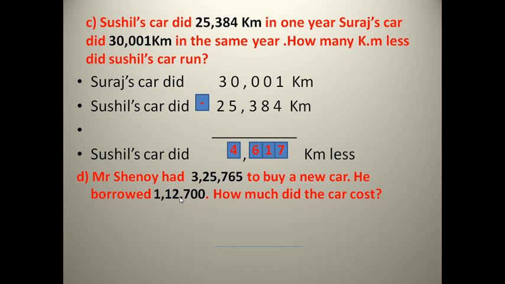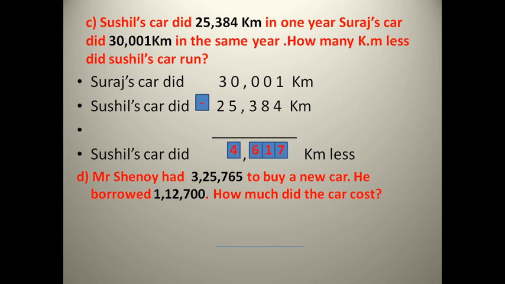He borrowed 1,12,700 from the bank or from someone. So how much did the car cost? To know how much the car cost, we should add what he had and what he borrowed. If we add these two numbers, we can find the cost of the car.